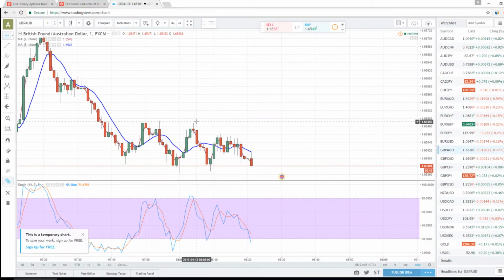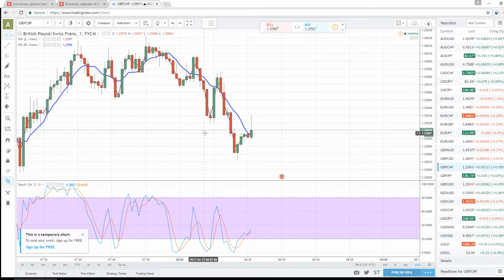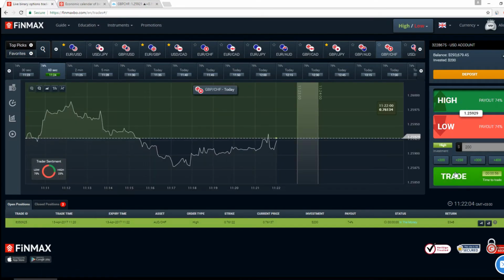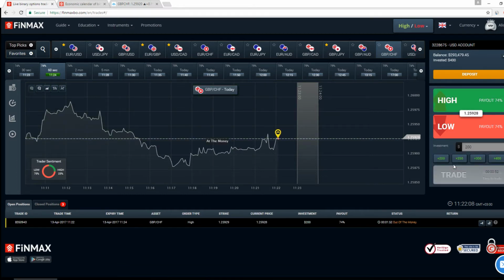Okay, so far so good. British pound to Swiss franc, also pretty exciting and attracting. I'm entering British pound to Swiss franc and cross out the Australian to Swiss franc.